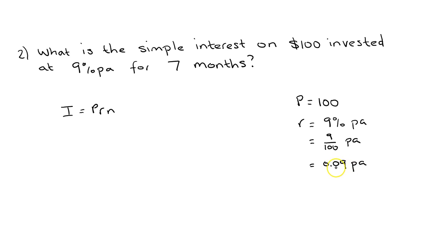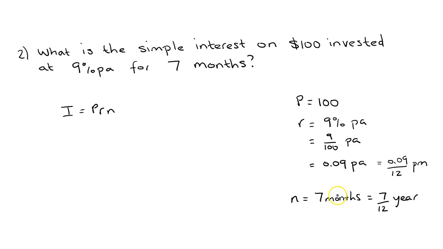So if this is 0.09 per annum, so in a month it will be 0.09 over 12 per month. And for our n, it's either 7 months or 7 months is 7/12 of a year.